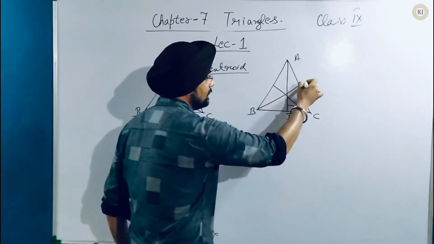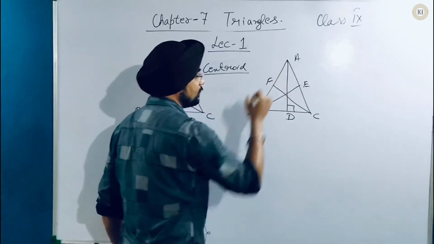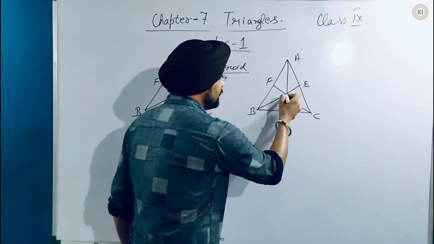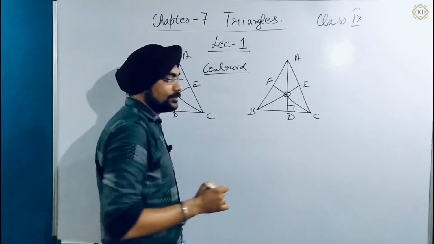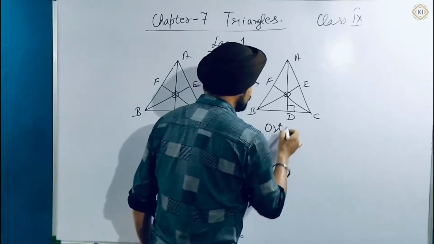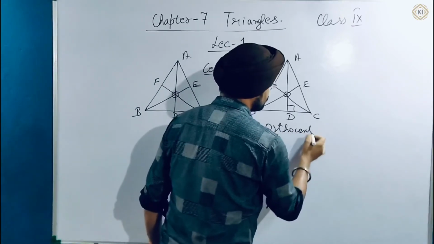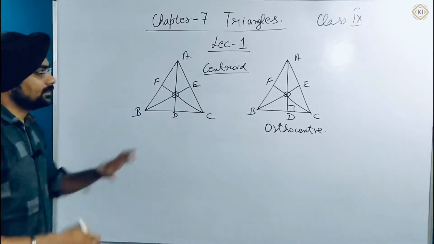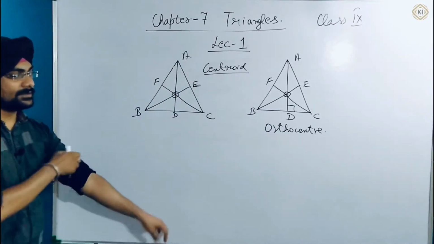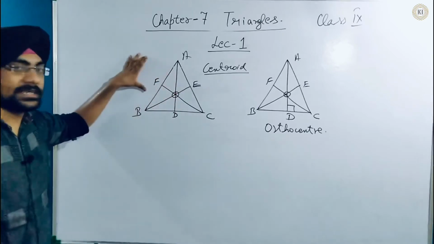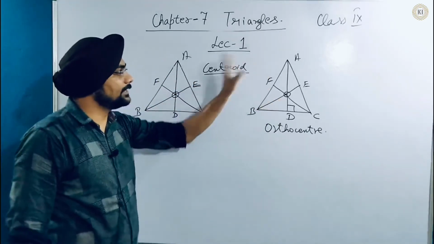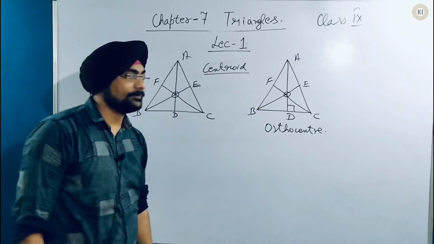BE and CF are also the altitudes of the triangle, and the point of intersection of all the altitudes of a triangle is known as orthocenter. So these are the terms median and altitude. Point of intersection of medians is known as centroid. Point of intersection of altitudes is known as orthocenter.